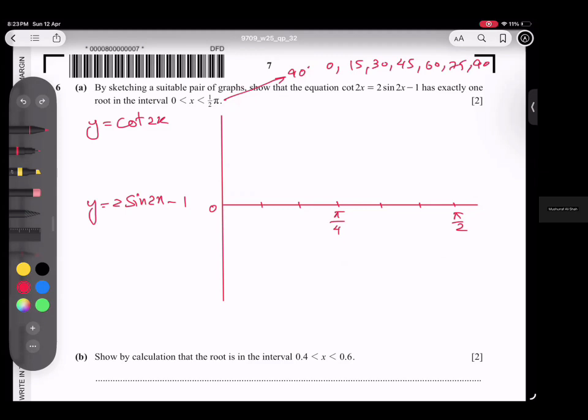So let's start. My first value is negative 1, so I'll take negative 1 here. Second value, against 15, I'm getting 0. Next value is 1 here. Against this value, I'm getting 0.7 something. Against pi by 4, 45, I get 1.